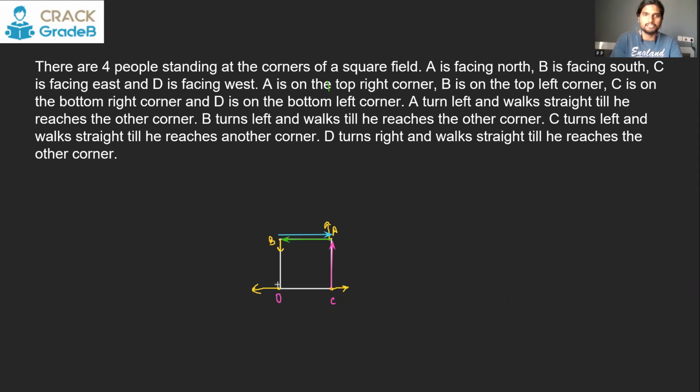So if D is facing this, D is going to go to this point. So we can just write the final positions now. Final position we'll write in, say, white. A will be here now, B will be here now, C also will be here now, and D also will be here now. Let's see the questions.